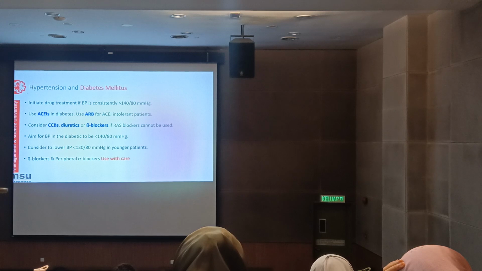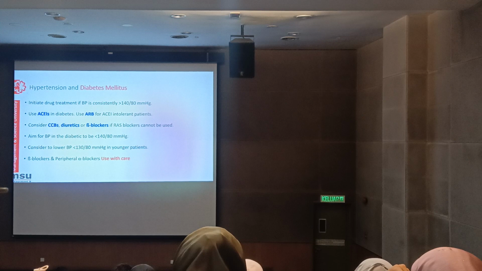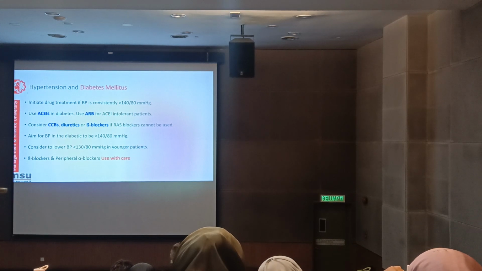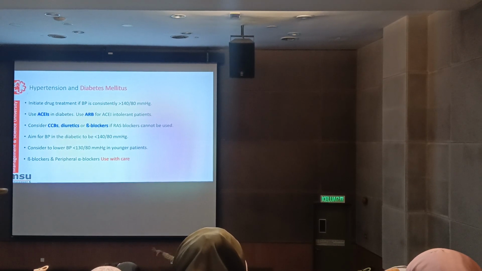Beta blockers, selective beta blockers or peripheral alpha blockers may be used with care. Why? There is an explanation later on. But now in this slide, I remember that I can use ACE inhibitors and ARBs as the first line in treatment of hypertension with diabetes.